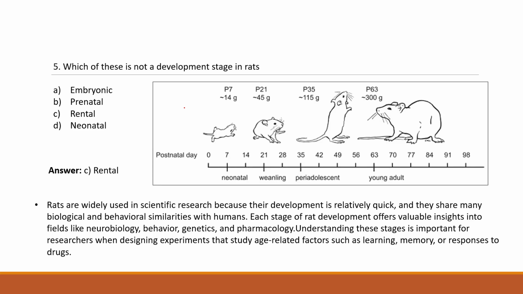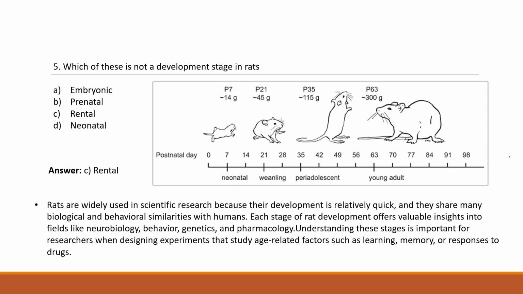So this is your simple chart to know the postnatal stages. Before postnatal comes prenatal, and before that, embryonic. Postnatal day 0 is the day of birth. From there starts the postnatal period. First is the neonatal stage, then the weanling stage, then the peri-adolescent stage, then the young adult stage.